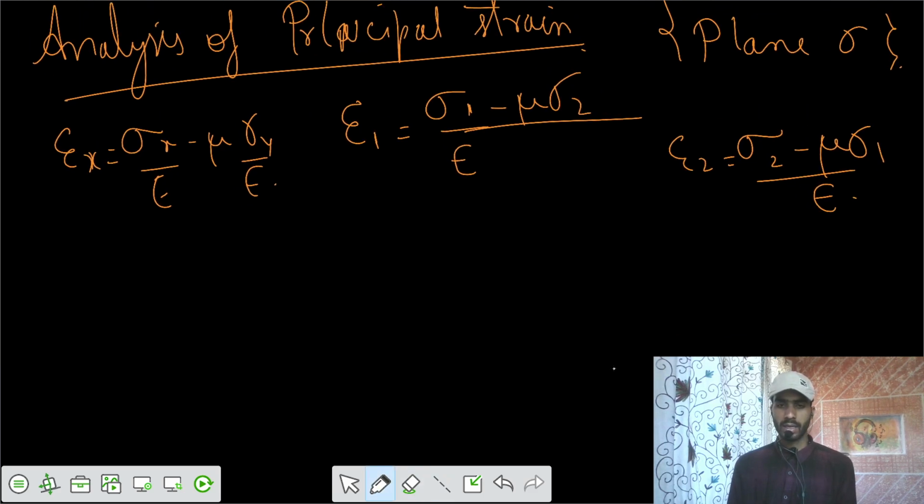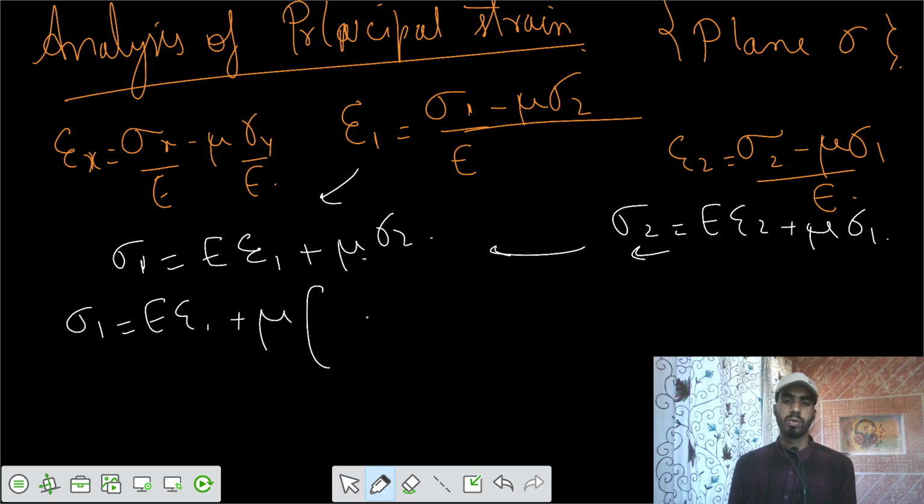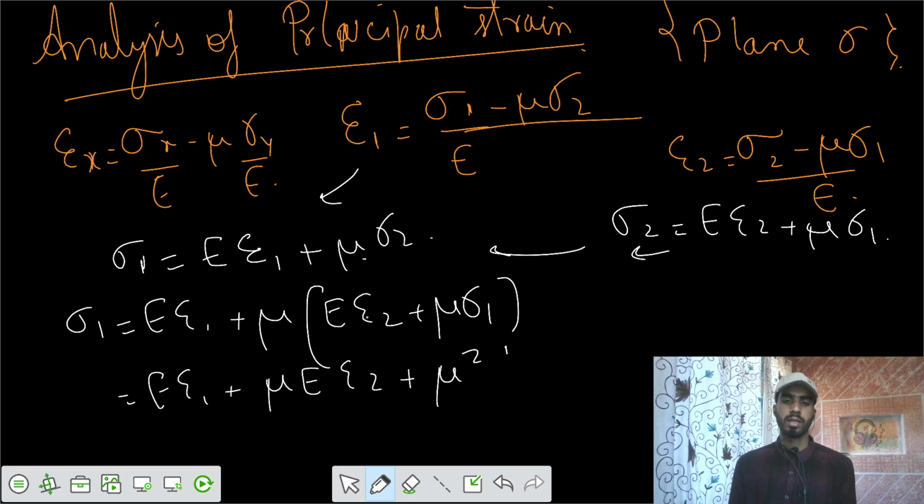Let's calculate strain 2 and strain 1. From this equation, I would write E strain 1 plus mu strain 2. And from this one, get the value of stress 2: E strain 2 plus mu sigma 1. You substitute the value of sigma 2 in this equation, and you write sigma 1 equals E E1 plus mu sigma 2, E E2 plus mu sigma 1, and you get E E1 plus mu E E2 plus mu square sigma 1.